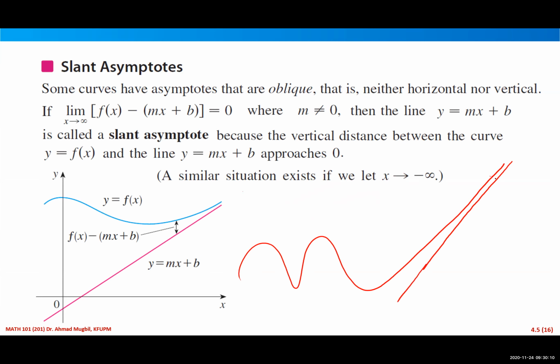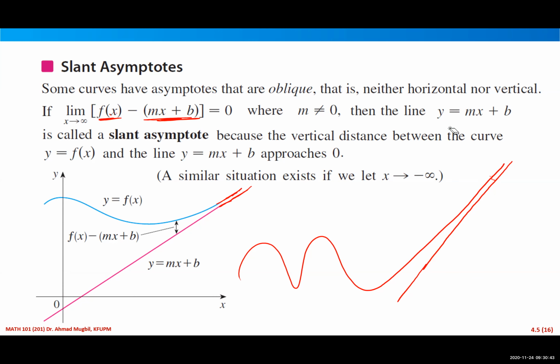The vertical distance between them is very small when x goes to infinity. So the difference between the function and the line, you know, this is the equation of a line, usually we write it in terms of slope and y-intercept, the difference between them is 0. So they are almost the same. They can be very close to each other when x goes to infinity or negative infinity, of course.